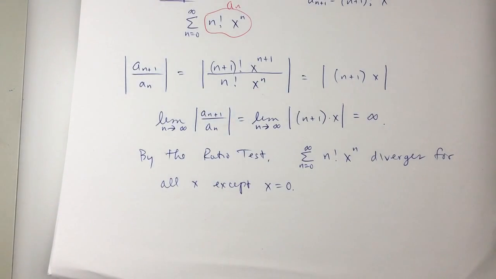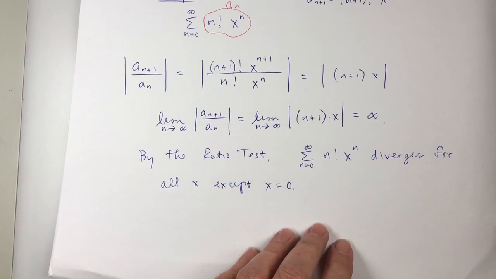The number it's centered around, that you know it's going to converge because everything's going to be 0, and that's 0. But anything else, that's what we're trying to figure out here.